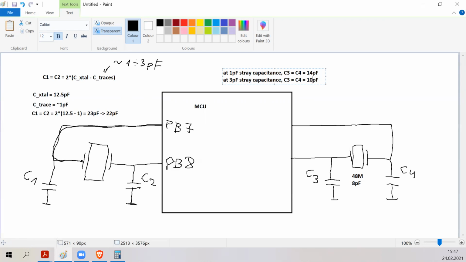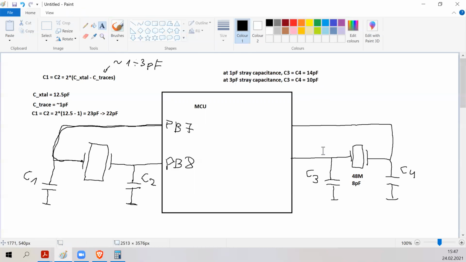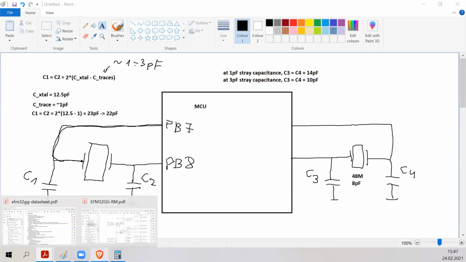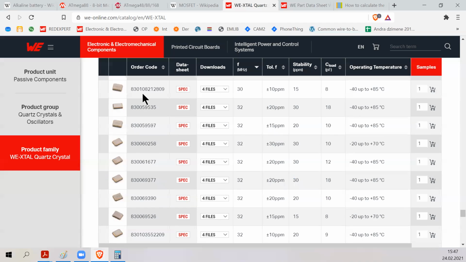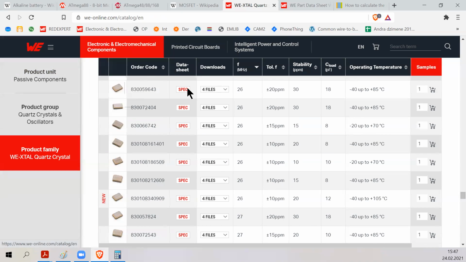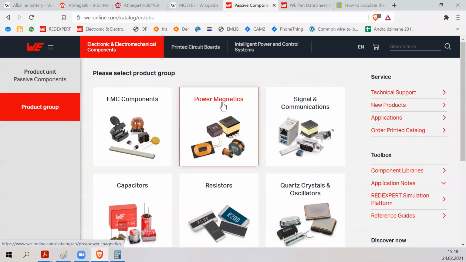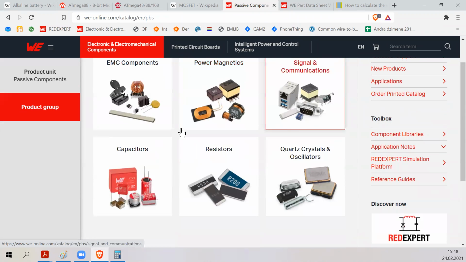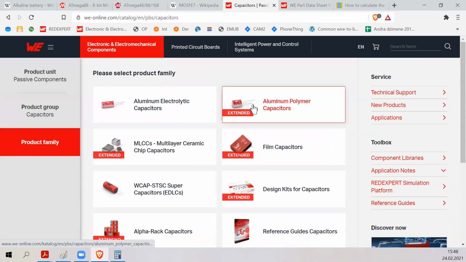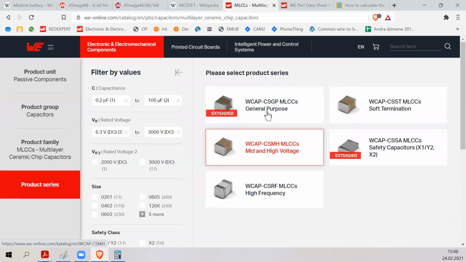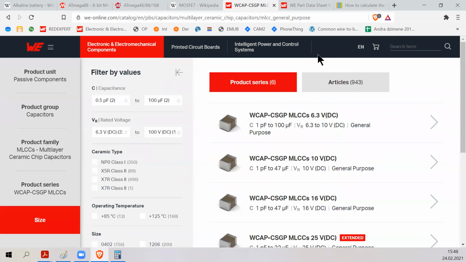So now let's check out what can we buy. If you open a website of any capacitor manufacturer, you will have a list of capacitances that are available. So capacitors, ceramic capacitors, general purpose, for example.